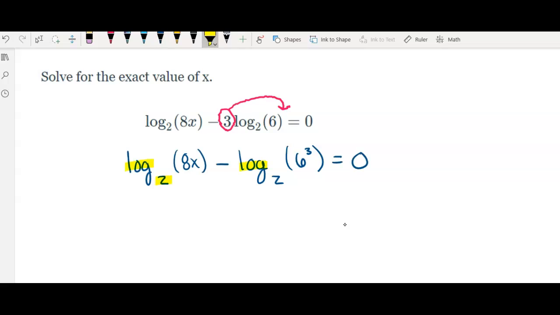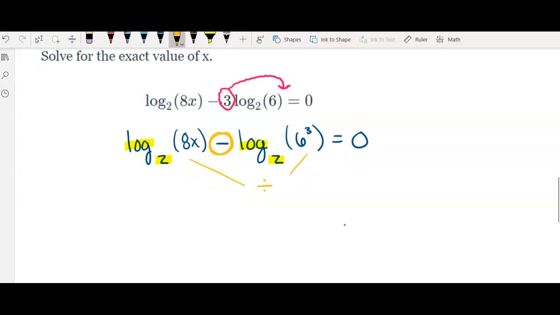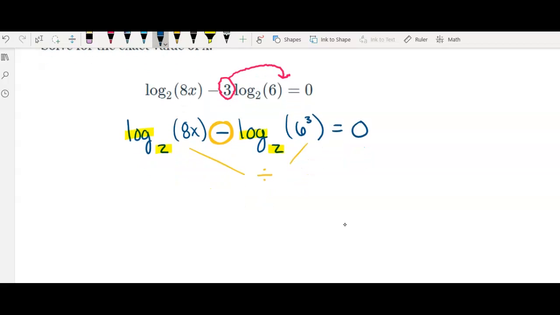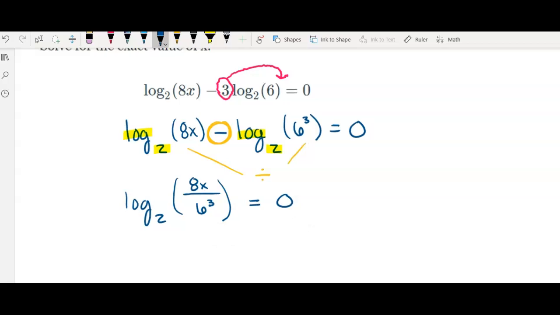Now I have log base 2 minus log base 2. So since I have subtraction this time, I'm going to divide my 2 arguments. So I'm going to make it just 1 log base 2. And now I'm going to take 8x divided by 6 cubed and set it equal to 0.